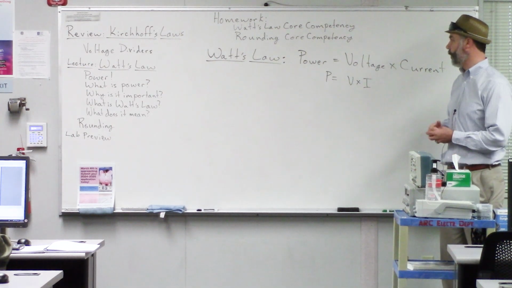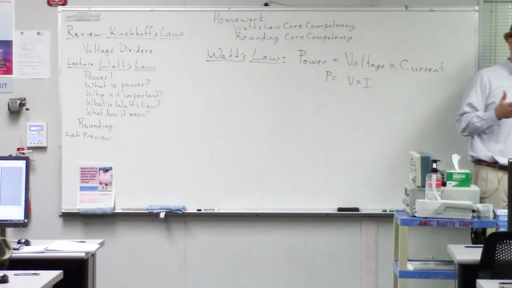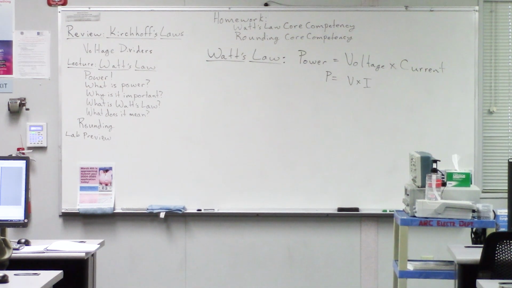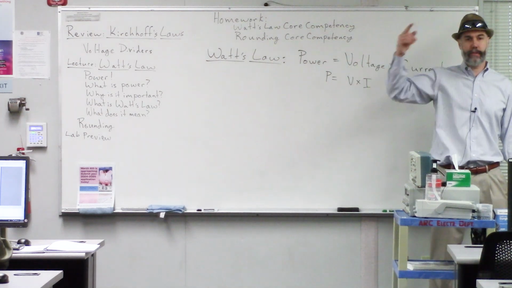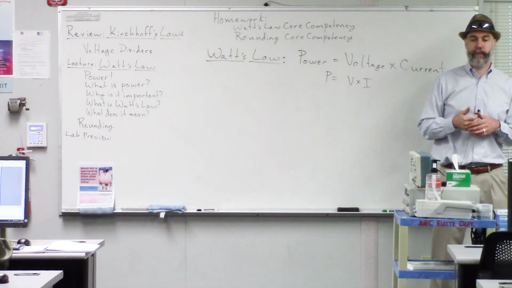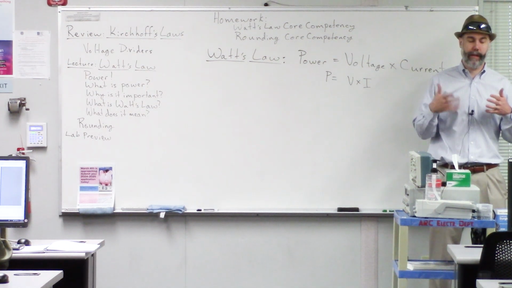So if we want to understand why this formula is true, we could think about an analogy of a water wheel. So imagine an old-fashioned mill that's sitting by the side of a river, and there's a giant paddle wheel that dips into this river. And the water from the river flows by and pushes this paddle wheel around, okay? So imagine that. Now, the speed that this paddle wheel is turning is the amount of energy that's being created at that point.